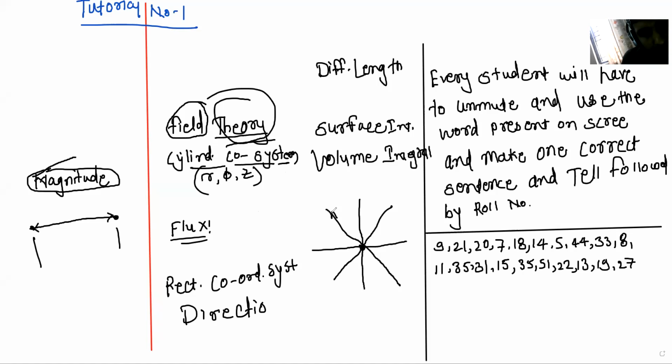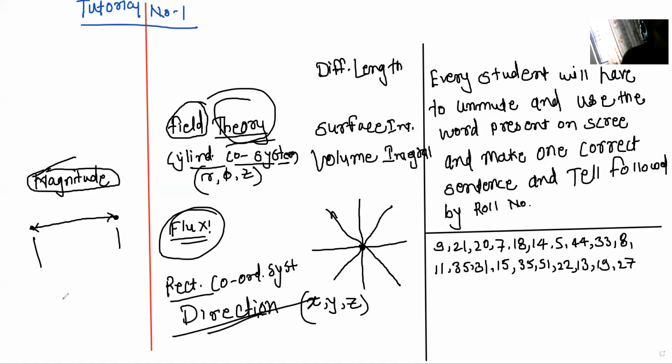We will have a detailed discussion on flux also. Rectangular coordinate system is a system in which the point is represented with x, y, and z coordinates. Then we have a direction.